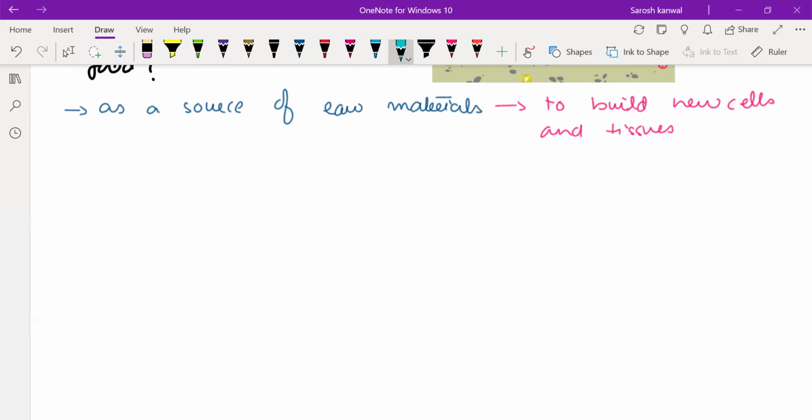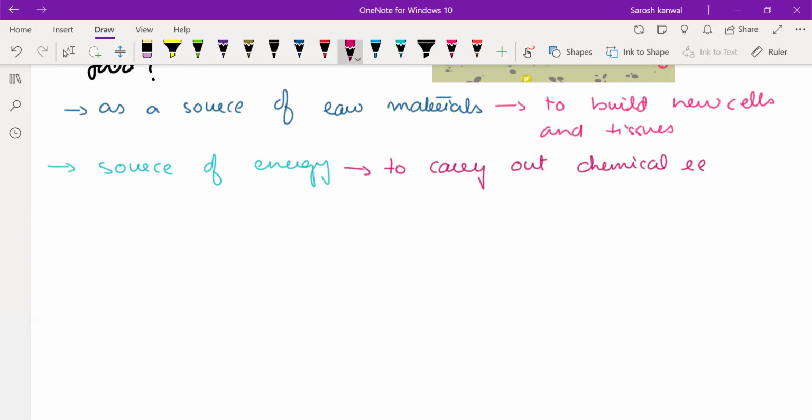Other than that, they need a source of energy. Source of energy is needed to carry out chemical reactions and sustain life.